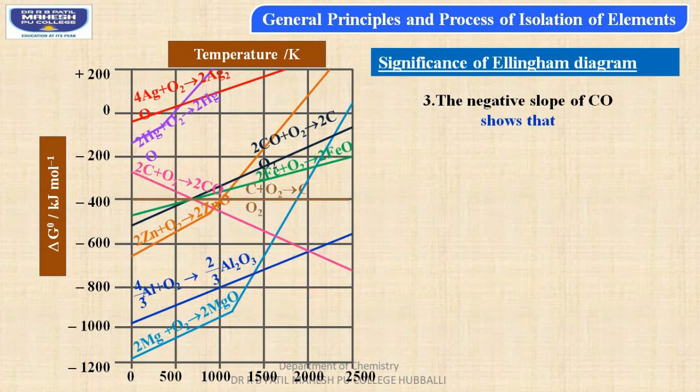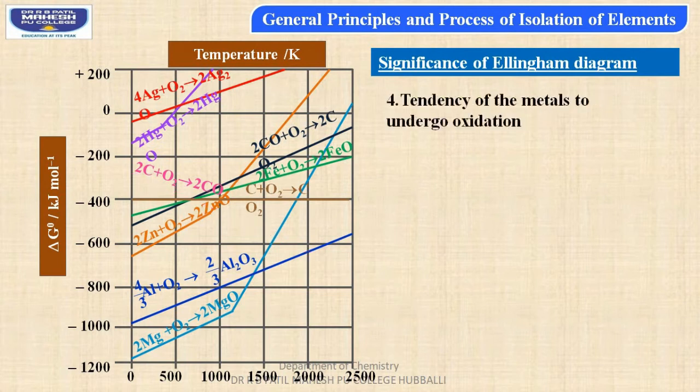And the third one: the negative slope of carbon monoxide shows that it becomes more stable with increase in temperature. And the fourth significance is the tendency of the metals to undergo oxidation, and that is in the order, students, magnesium followed by aluminium, zinc, iron, mercury and silver. Silver is less reactive because it is a noble metal.